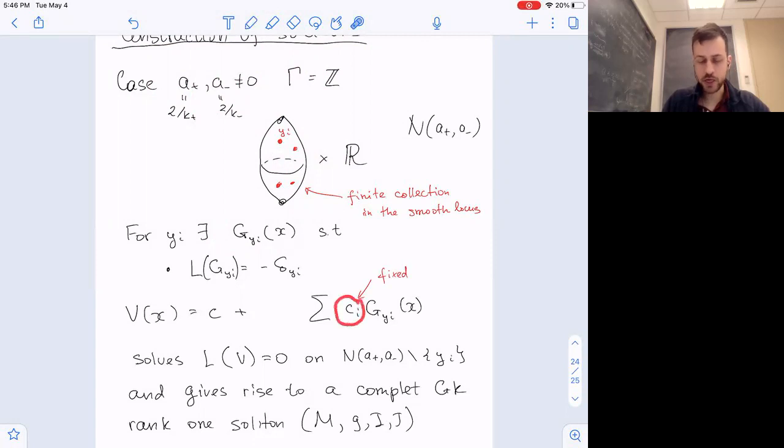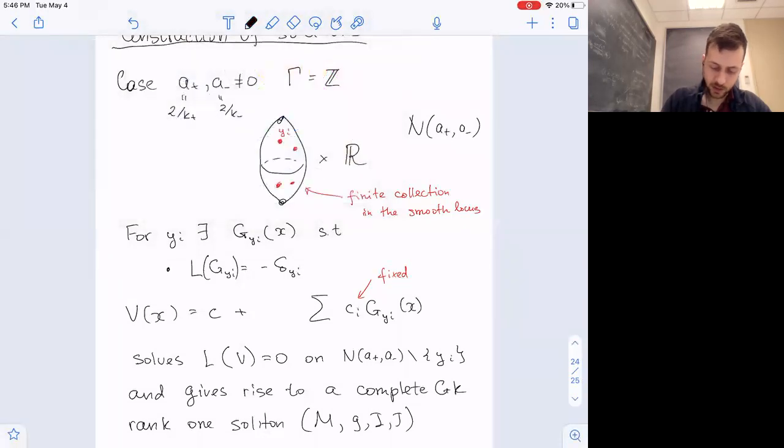You can try to change them in a discrete set, and then you can still construct a complete generalized scalar rank 1 soliton, but it will be an orbifold, with orbifold fixed points.